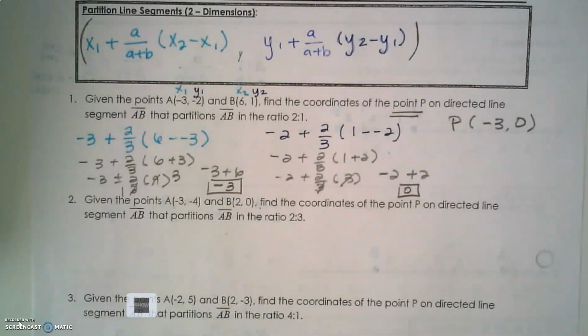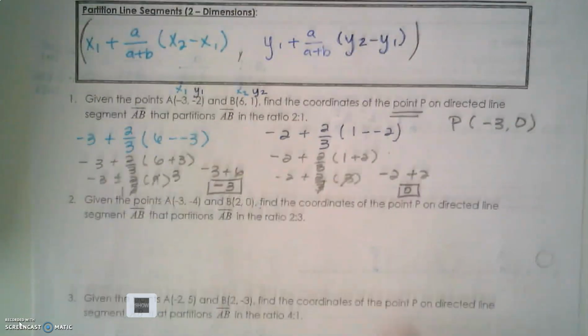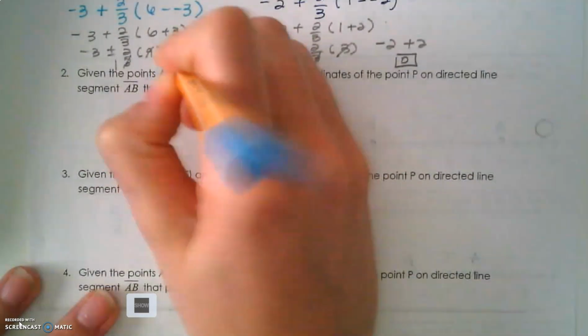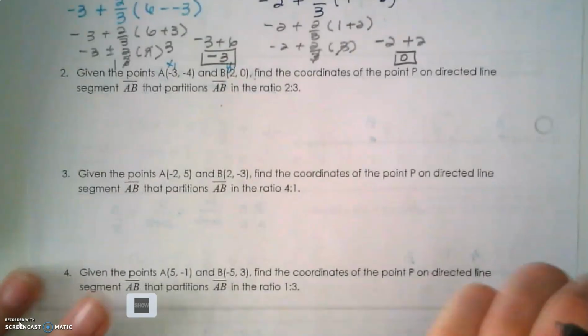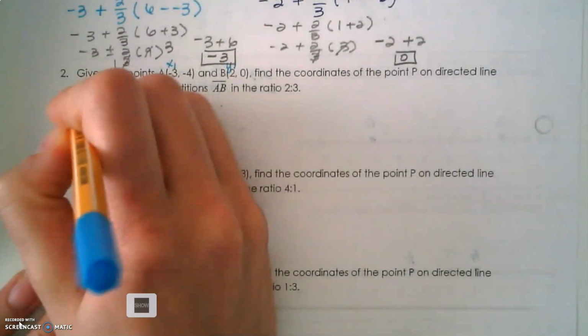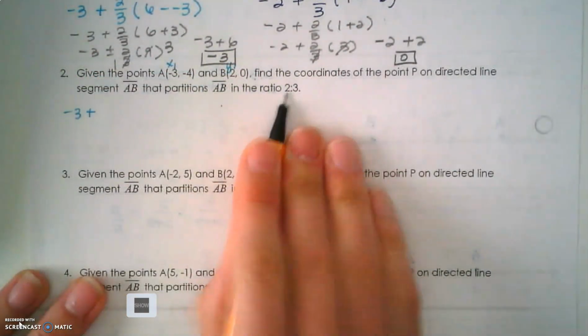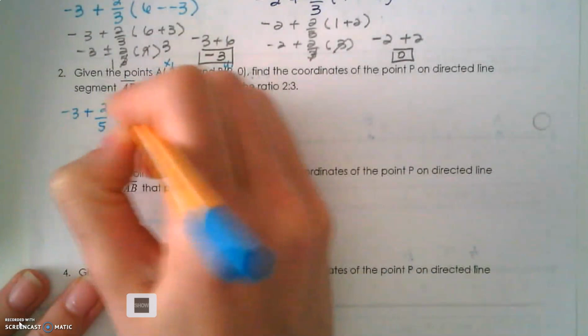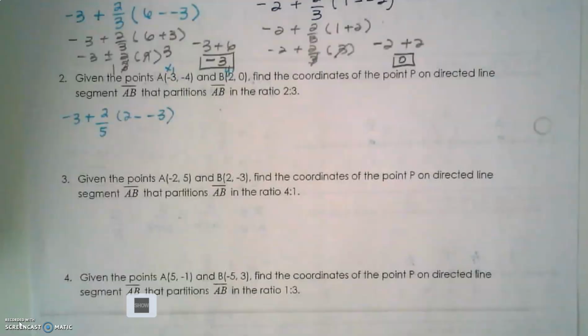So let's do one more example. Number 2 here, given the points again, so let's work one at a time. Here's x1 and y1. So we're going to have, let's see, -3 plus, my ratio is 2 to 3, so 2/5. And that's going to be 2 minus a -3.